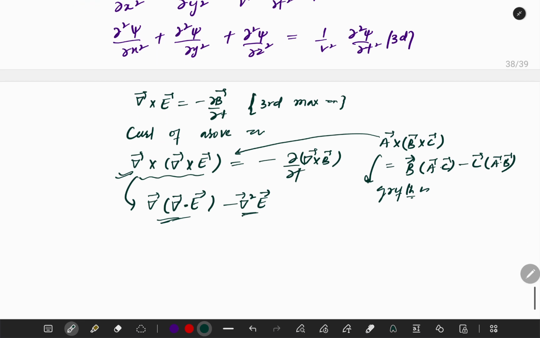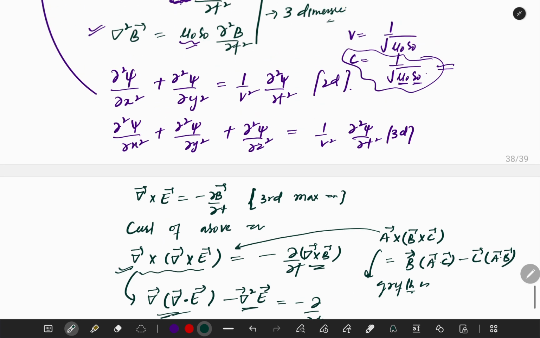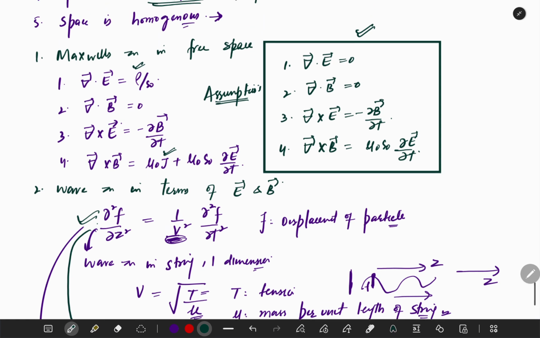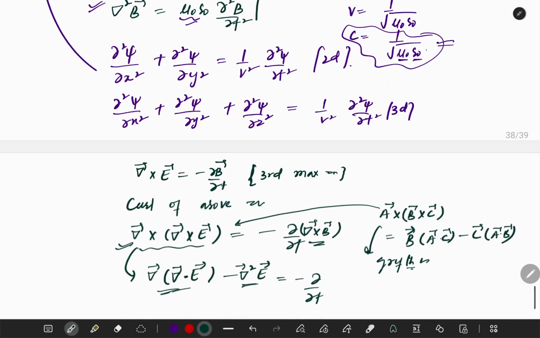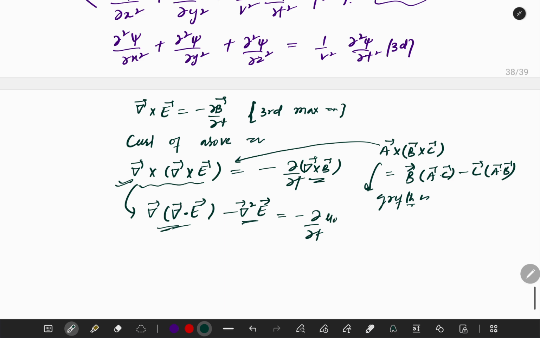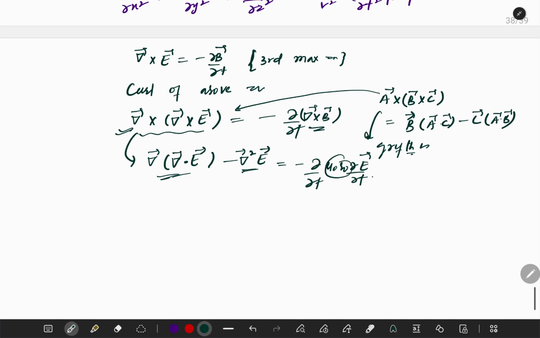Gradient of divergence of E minus del square of E equals minus dou by dou t of del cross of B. Here del cross of B is mu 0 epsilon 0 dou E by dou t, and let's take mu 0 epsilon 0 outside.